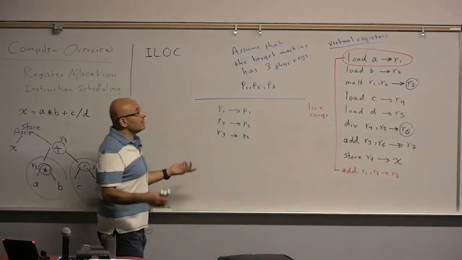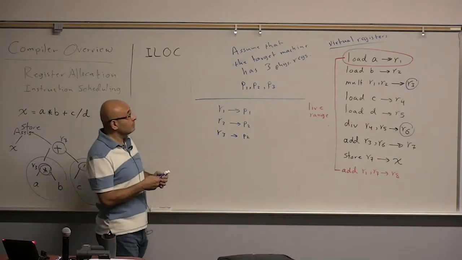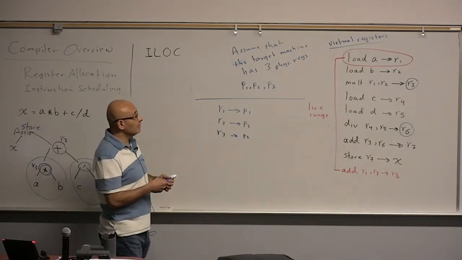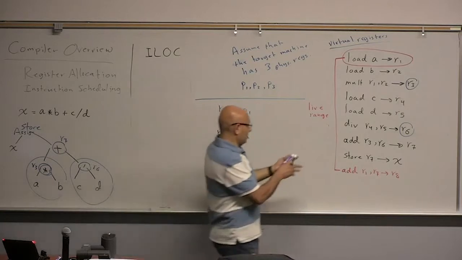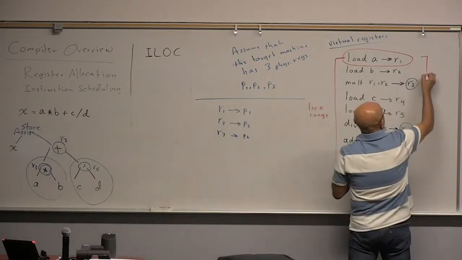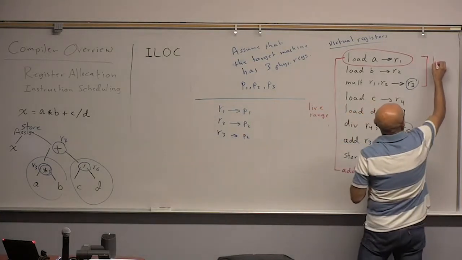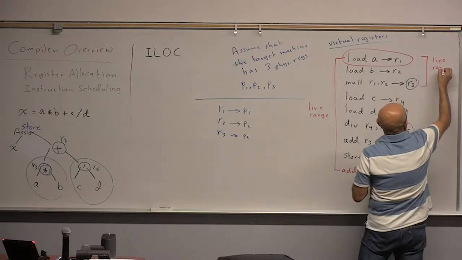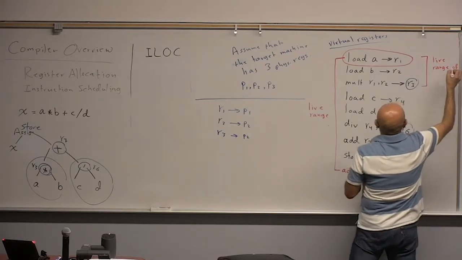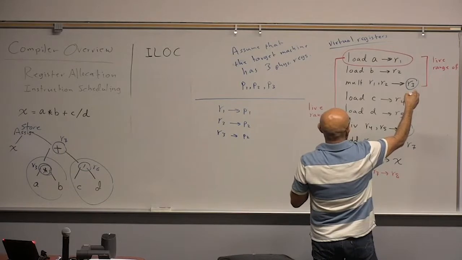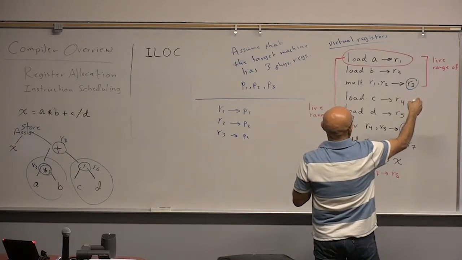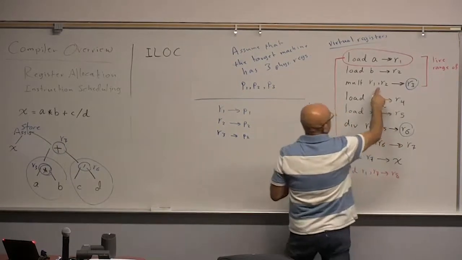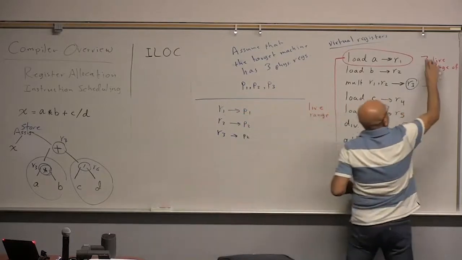Where's the live range of register R2? It's just the first three instructions. Would the live range start at the second instruction? We are using it here, right? Oh, yes, you are right, sorry.